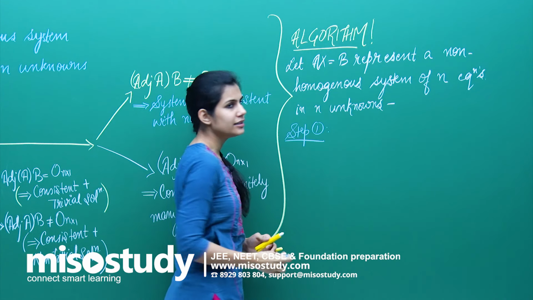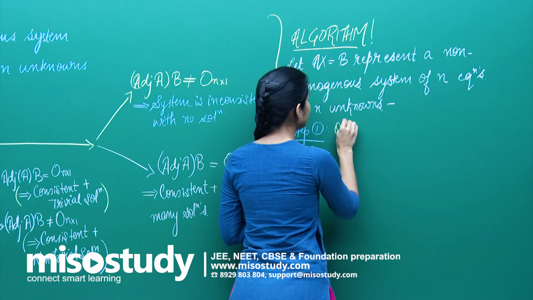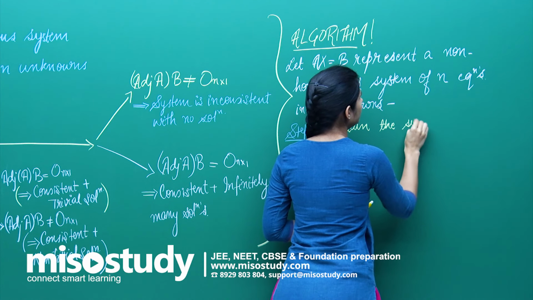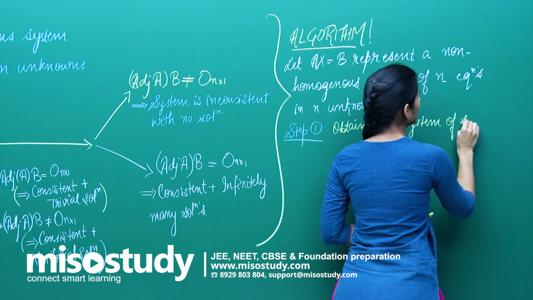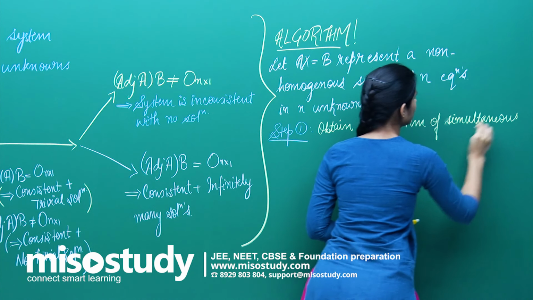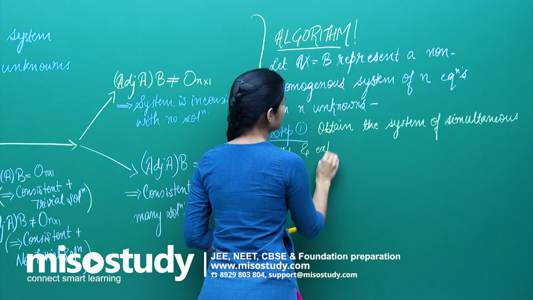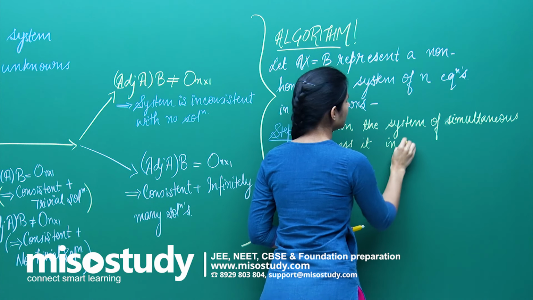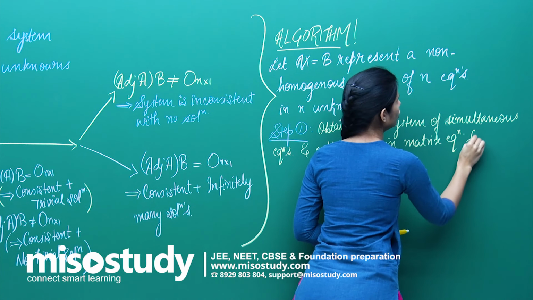if I would not have written this general thing which I am assuming, the first step happens to be that obtain the system of simultaneous equations and express it in matrix form or matrix equation form.